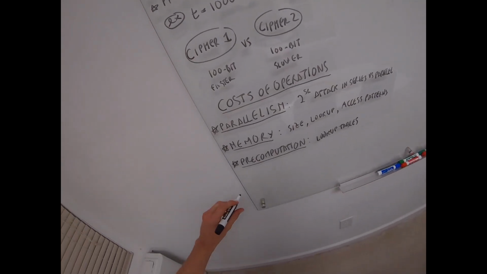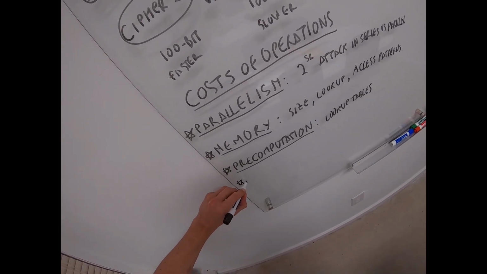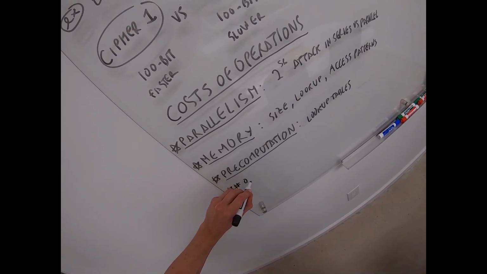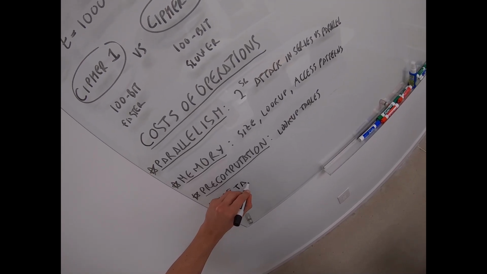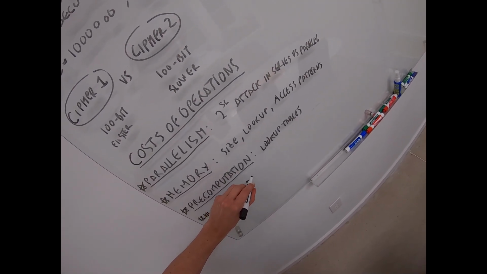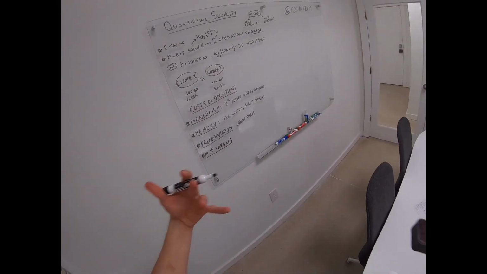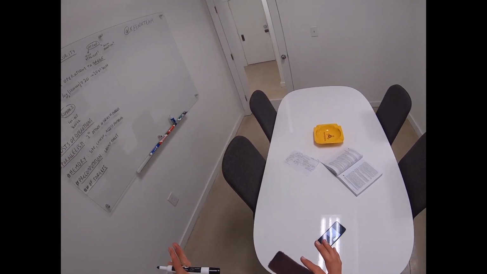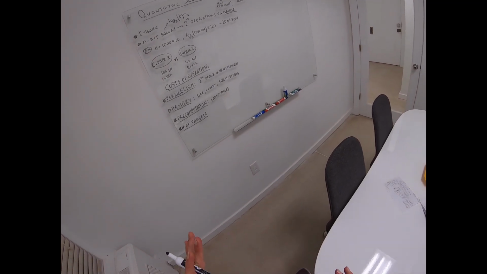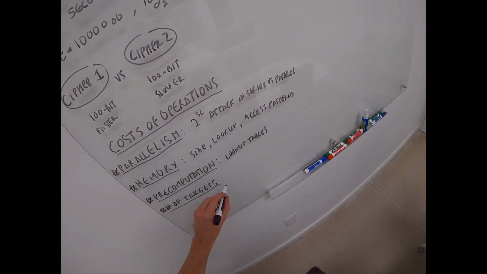And then, last but not least, the number of targets. You might think, oh, the more targets you have, the more expensive. But think again. Let's write it this way.